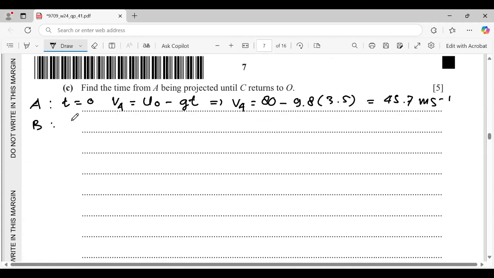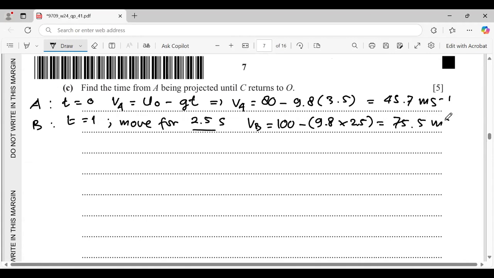Next, particle B. Particle B launches at t equals 1, so it has moved for 2.5 seconds. Why? Because 3.5 minus 1 equals 2.5. So VB equals the initial velocity 100 minus 9.8 times 2.5, and it is 75.5 meters per second.